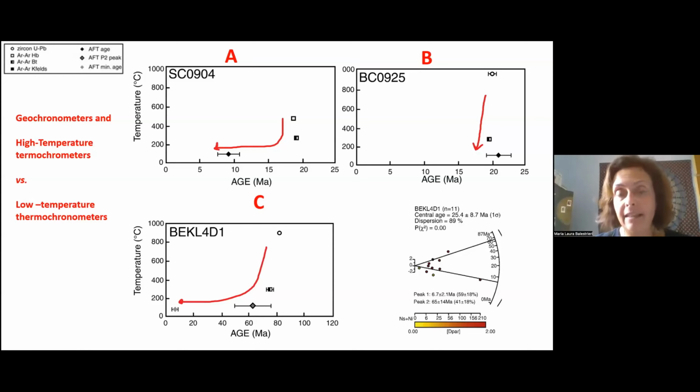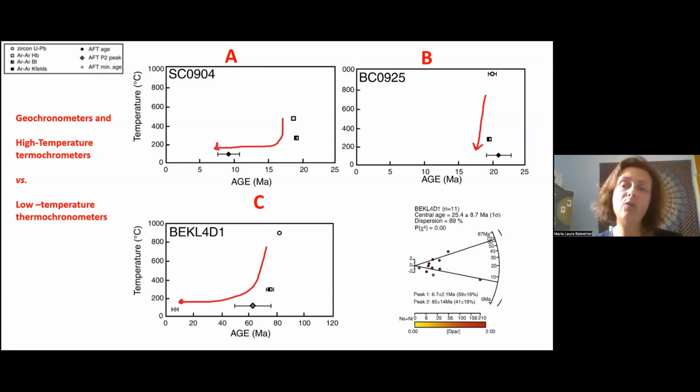Then we have a case C in which we see a Cretaceous batholith, and we see this plot on the side. What we have obtained is fission track ages giving an intermediate age of 25, but the age distribution is not passing the chi-square test, and the chi-square test is telling us that the age distribution is composed of different components.